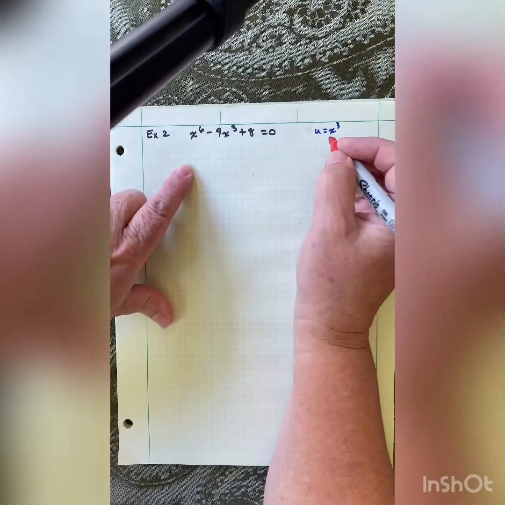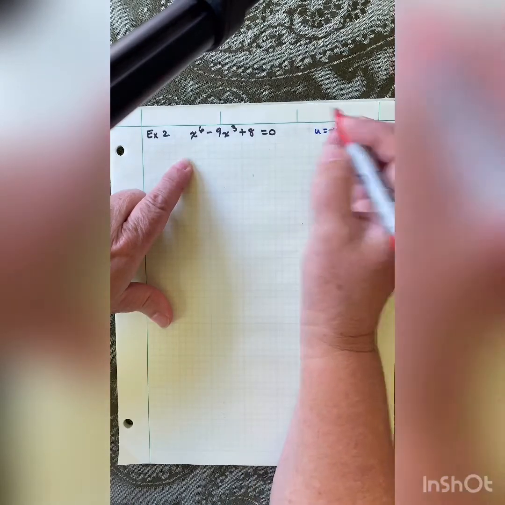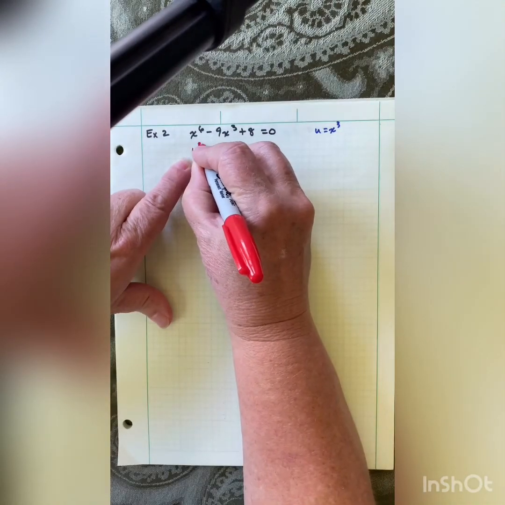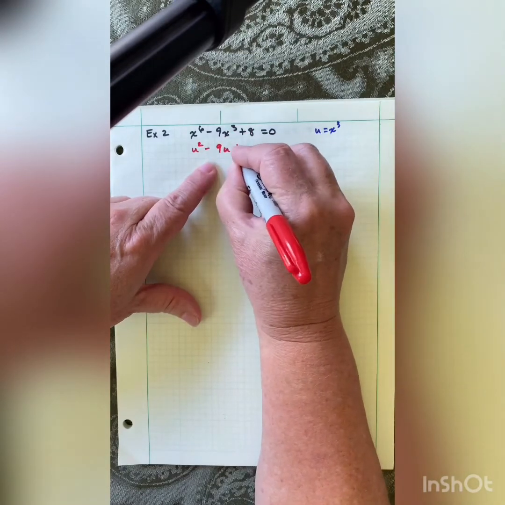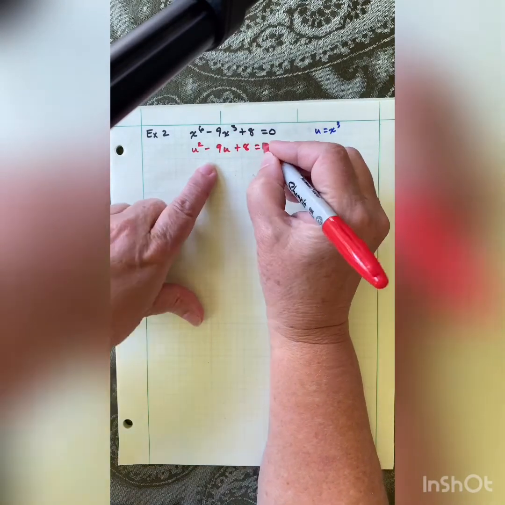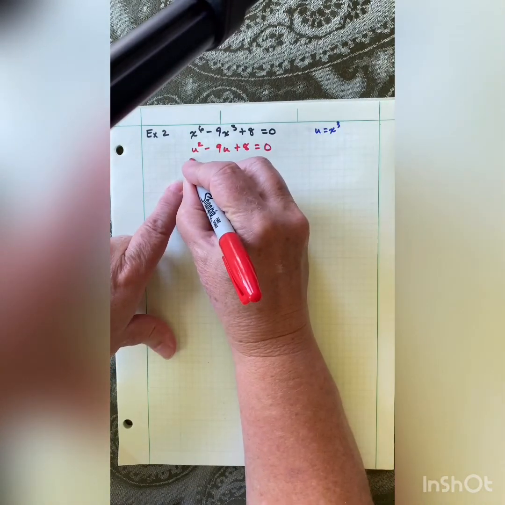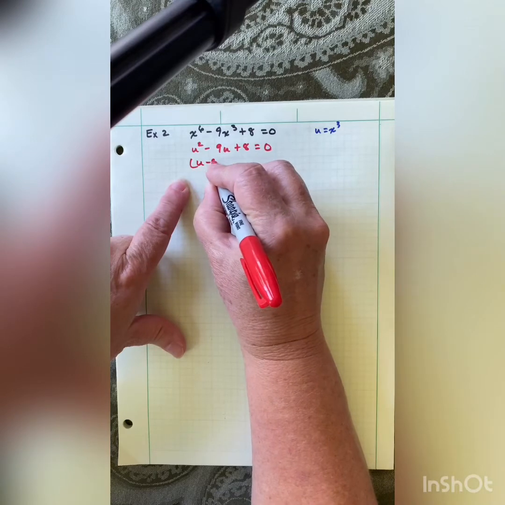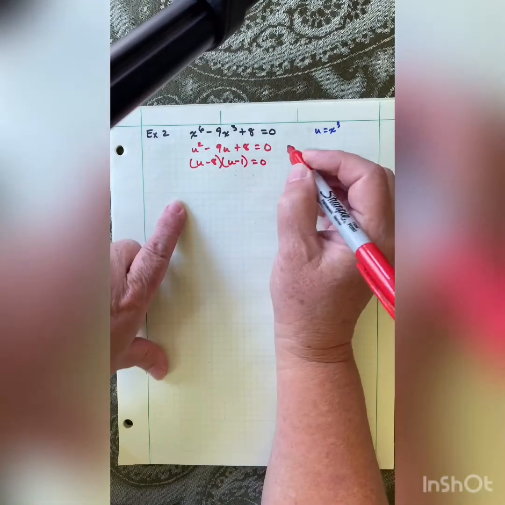So I am going to put that in there, and I will have u squared minus 9u plus 8 equals 0. Okay, I can factor that easy enough and get u minus 8, u minus 1 equals 0.